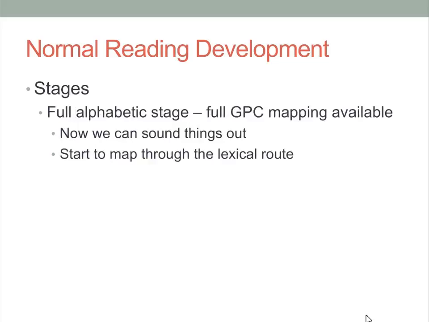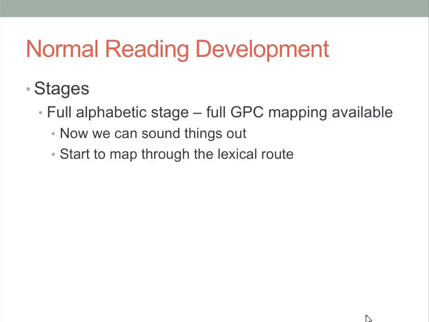And the full alphabetic stage is when I have a full GPC route and I can sound things out. And so I start to realize that that's kind of slow. We realize that that's a slow process, so instead we're going to start forcing things through the lexical route. So this set of squiggles is "have." It's a weird word. We're going to go faster if we look it straight up in the dictionary than sounding it out.